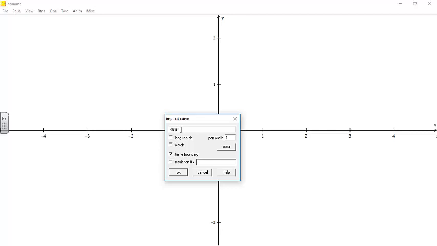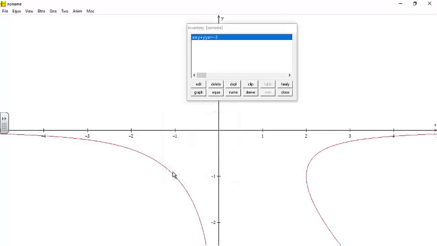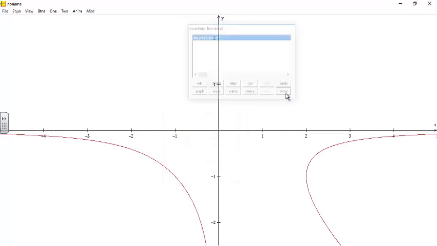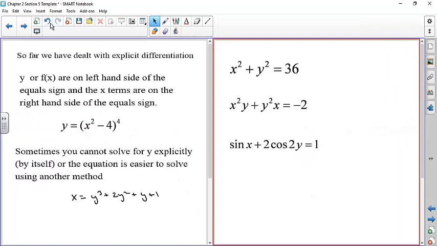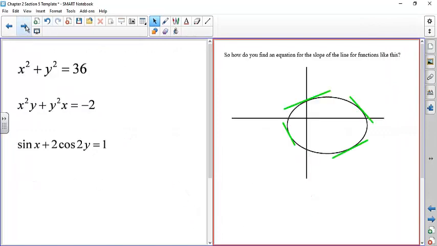Plus yx equals -2. So that's what that looks like. Obviously, there are tangent lines to this curve. So they do exist. Okay, let's get into the nitty-gritty details here.